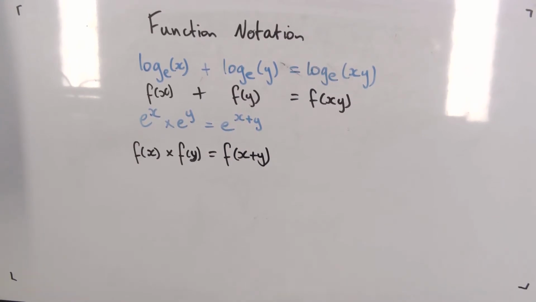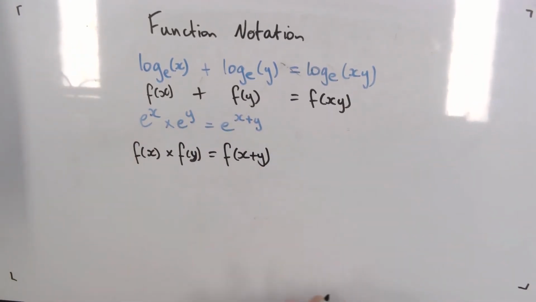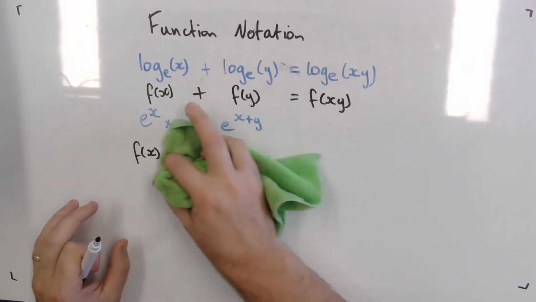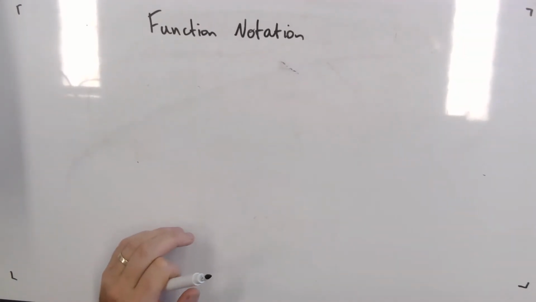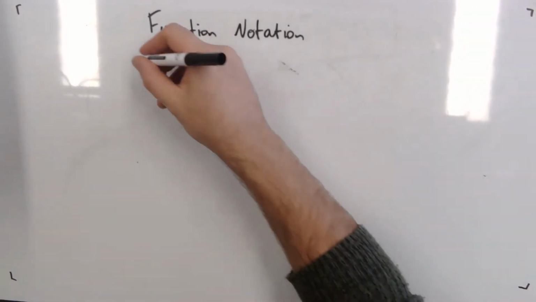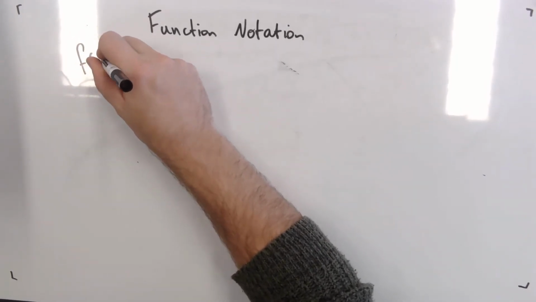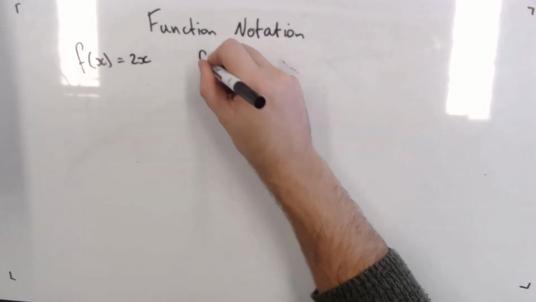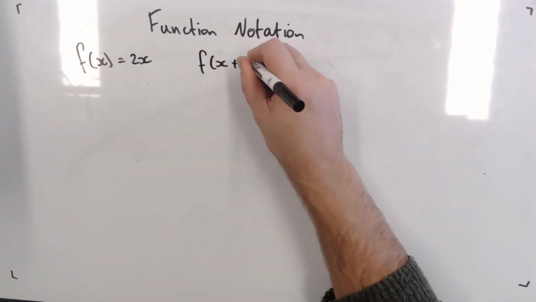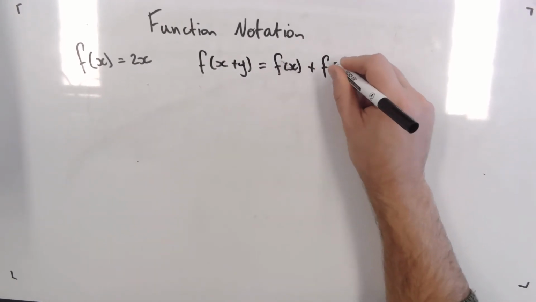Okay, so what we can do is see a range of different types of question that utilize this function notation. We'll have a look at a couple of examples now. Our first example is looking at the rule f of x equals 2x, and we want to show that f of x plus y equals f of x plus f of y.